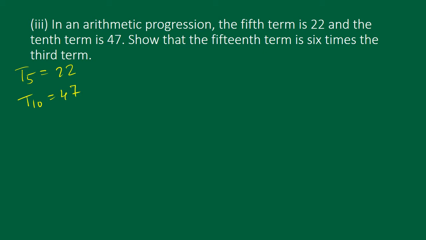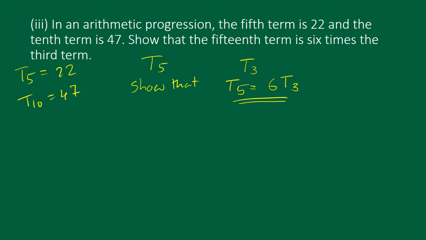Show that the 15th term is 6 times the third term. 15th term T15, and you get the third term T3, and you have to show that the 15th term is 6 times the third term. That means T15 is 6 T3. So here you have to prove this one, right? So let's do this, right?